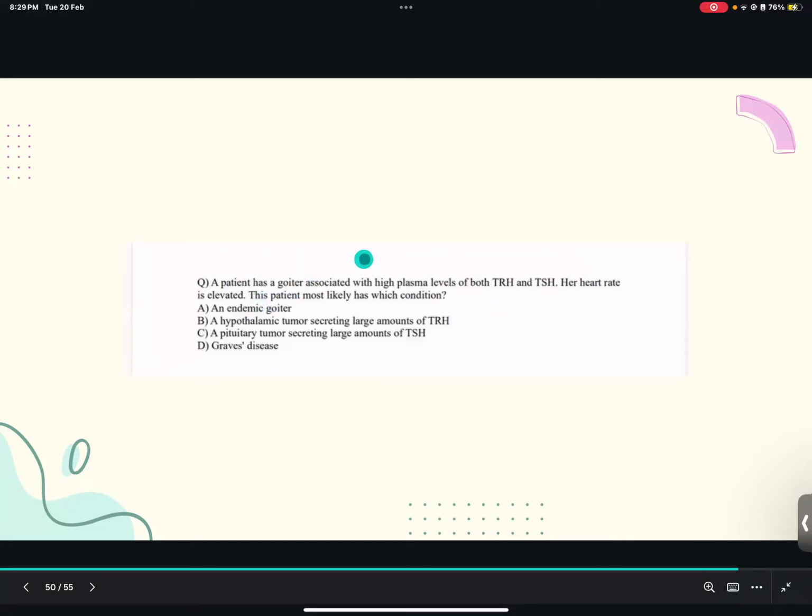A patient has a goiter associated with high plasma levels of both TRH and TSH. Her heart rate is elevated. This patient most likely has which condition?